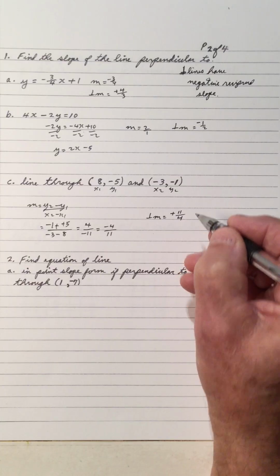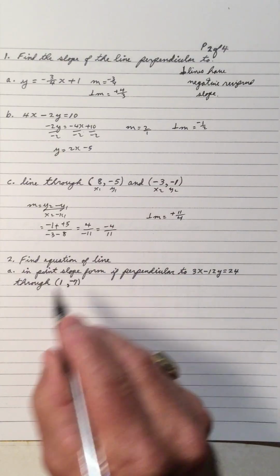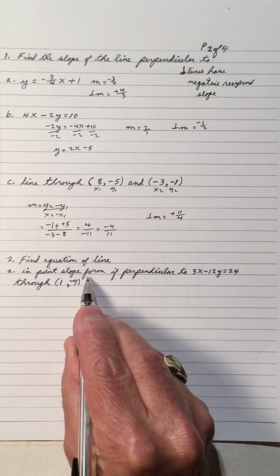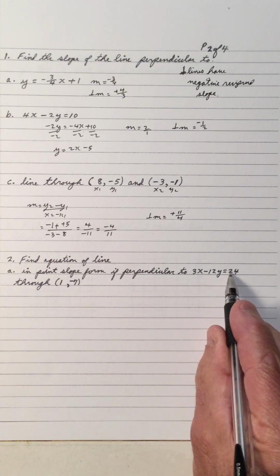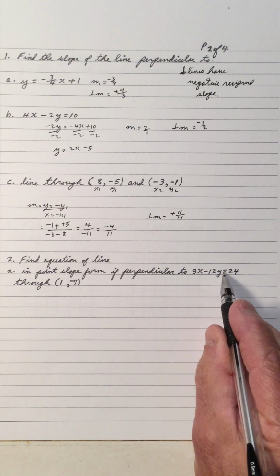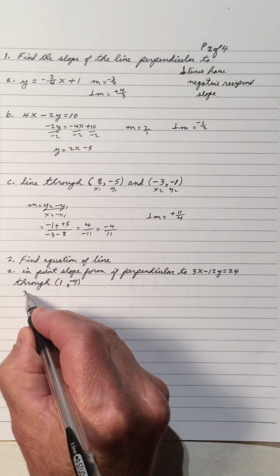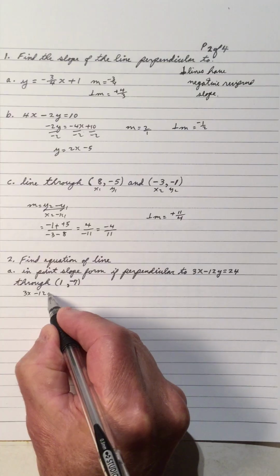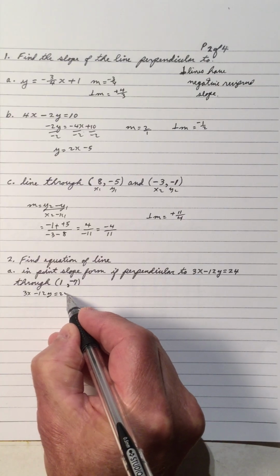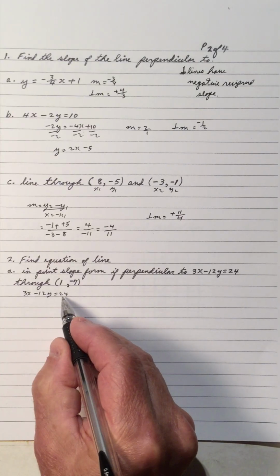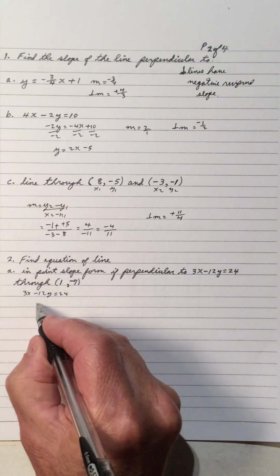Positive 11/4. Number 2, find the equation of a line in point slope form if perpendicular to this line. So this is standard form of a line and through this point. So I'm going to solve this equation for y, get a slope, and get its negative reciprocal.